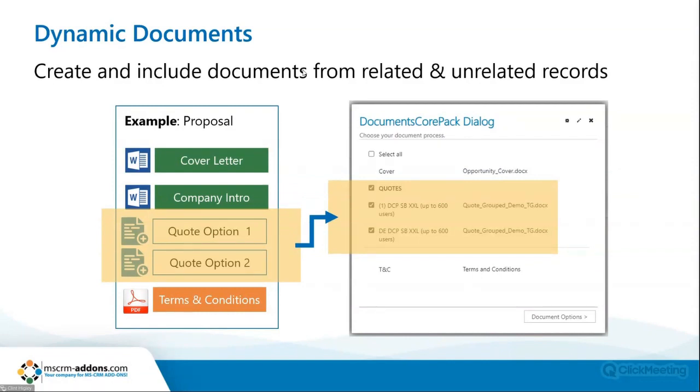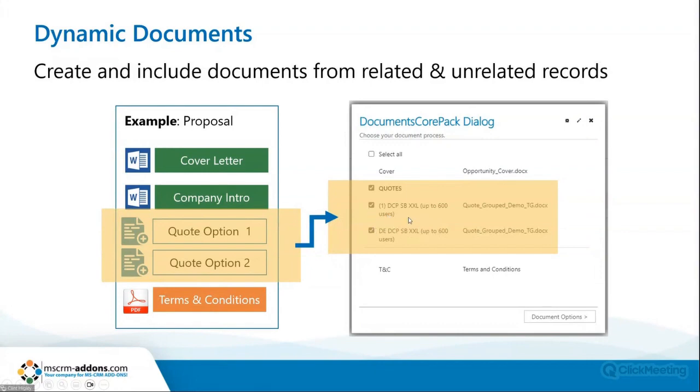So now, with dynamic documents, I can say, for example, I have the opportunity, I want to include all quotes related to this opportunity, but I want to use my quote template for this. I'm able to select that, as you can see here. I have these different options on the opportunity, so opportunities related to quotes, and I have the related quotes that are related to my opportunity.